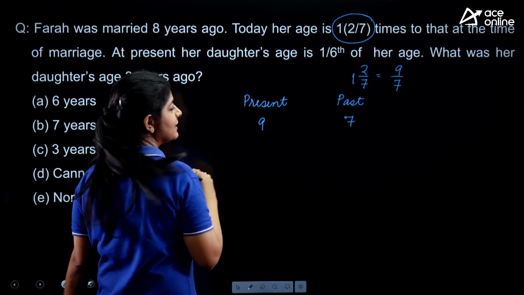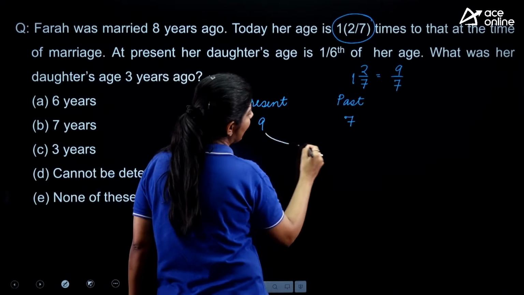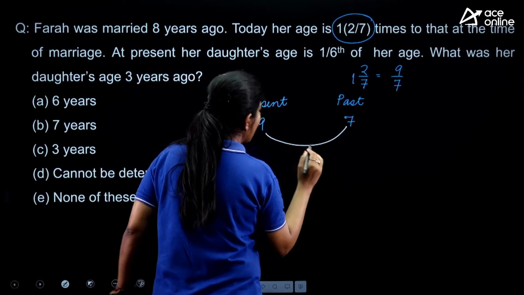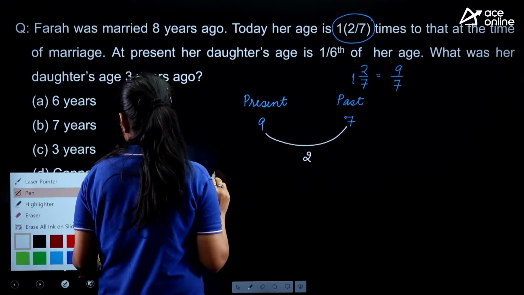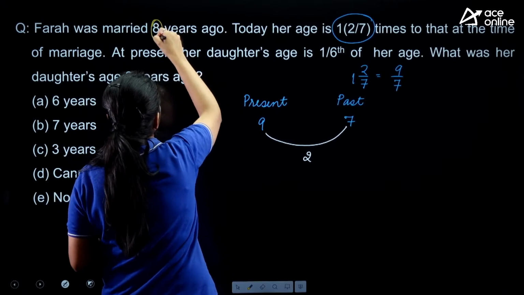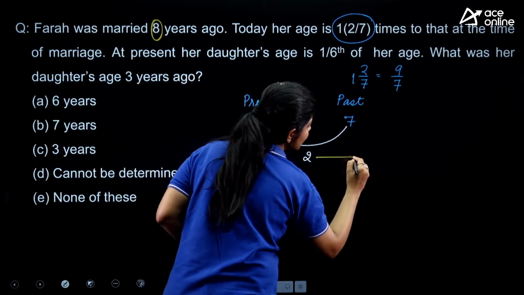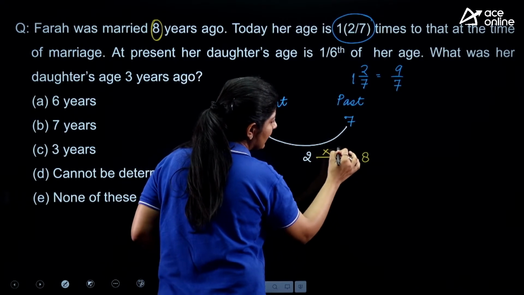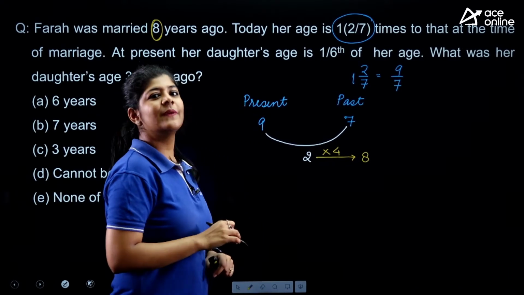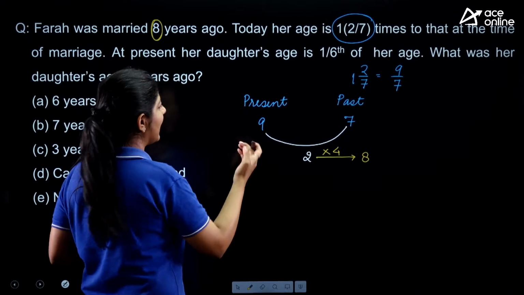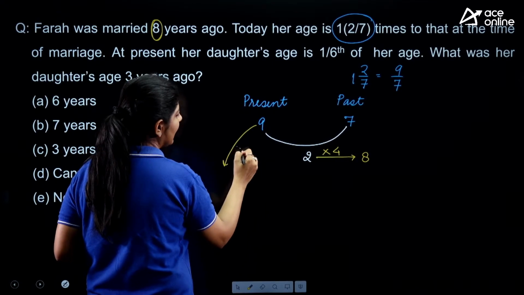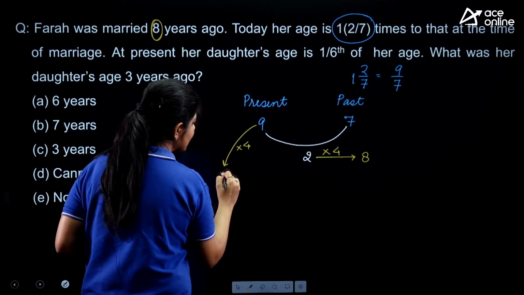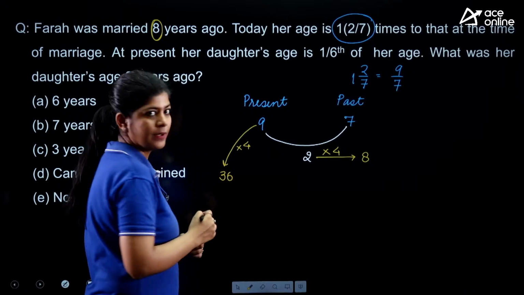With the help of this ratio, we are getting a gap of 2 years. But according to the question, this gap is equal to 8 years because the marriage happened 8 years ago. That means it is present on the multiple of 4. If this value is present on the multiple of 4, that means we can say that the present age of Farah is nothing but 36 years old, right?